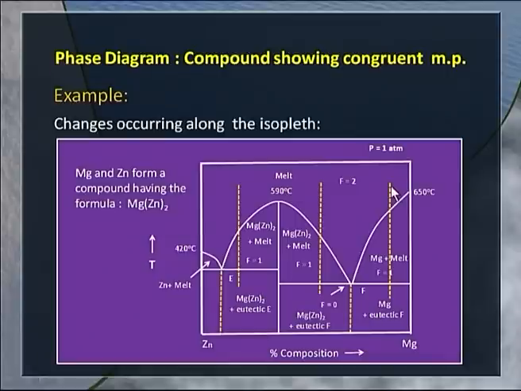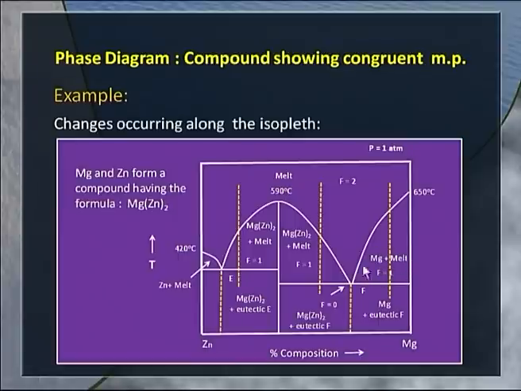Now, if you start on this isopleth, cooling it, to start with F is equal to 2. In terms of phase rule language, F is equal to 2. The system becomes F is equal to 1. Cooling continues, and more of the solid, in this case magnesium, crystallizes out, and ultimately the temperature decreases, the melt composition drifts towards the eutectic point, and when you reach the line corresponding to the eutectic temperature, you will have an invariant system. 3 phases are in equilibrium.